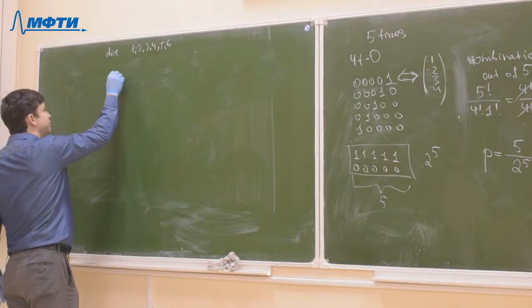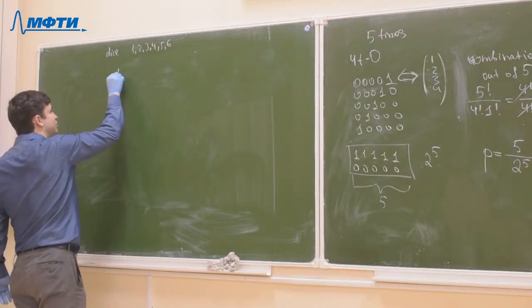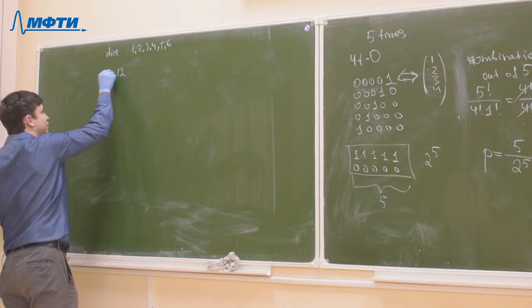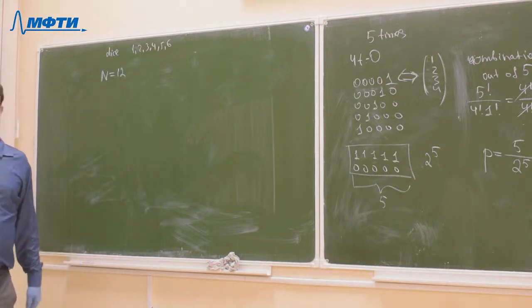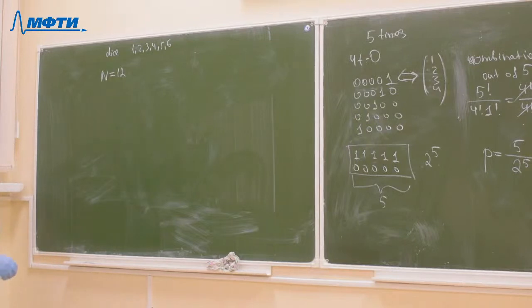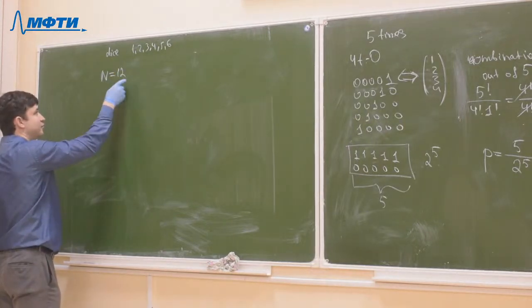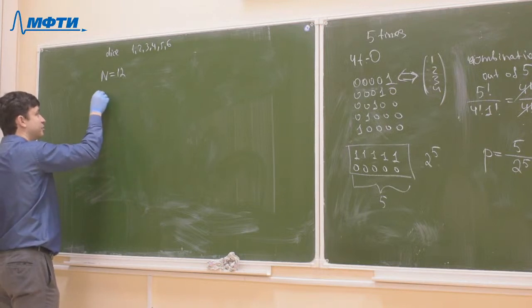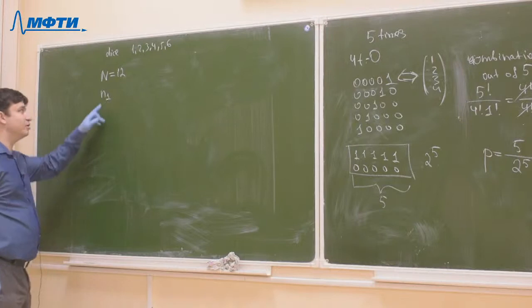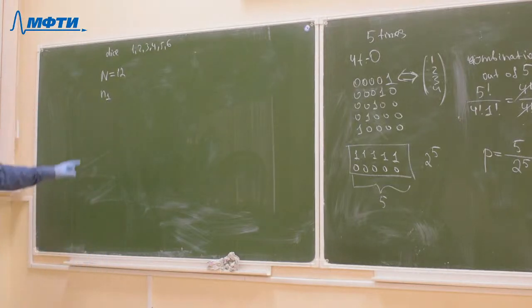I toss a dice 12 times, and I calculate the number of ones which appear during these 12 dice rolls. Let's say n1 is the number of times I have 1 as a result of a dice roll.